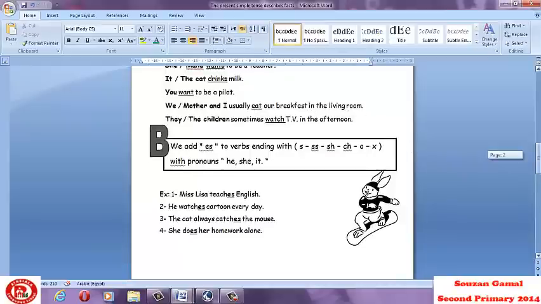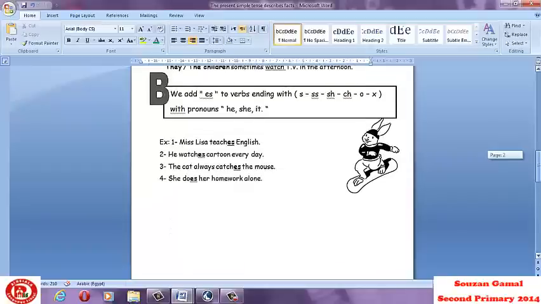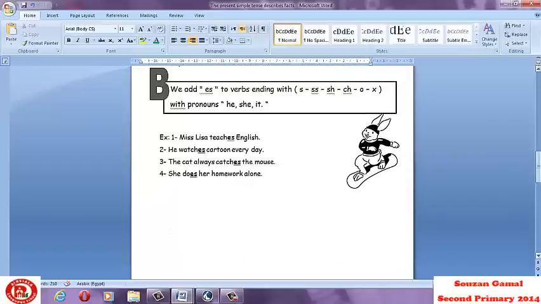Okay? Now, when do we add only s, and when do we add es? If we have a verb that ends with s, ss, sh, ch, x, o, you will add es.